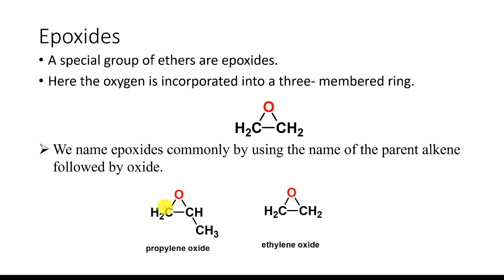Now, epoxides have kind of funny names. In the common name system, you would just say, for example, propylene oxide. It almost sounds like an alkene in the sense of the ENE, but the oxide means the oxygen is bridging 2 adjacent carbons. So ethylene oxide has 2 carbons joined by a bridge of an oxygen.